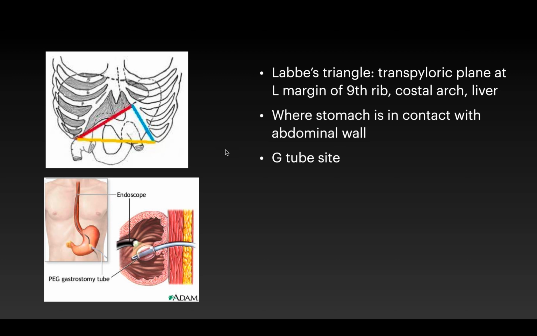And that's important for us as clinicians because this is where a G-tube will be inserted. So a G-tube will go through the fascia and the muscle and the adipose tissue of the abdomen into the stomach itself, and that is where patients who suffer from like dysphagia or esophageal strictures will be able to get food.